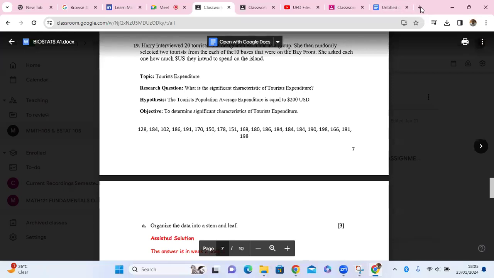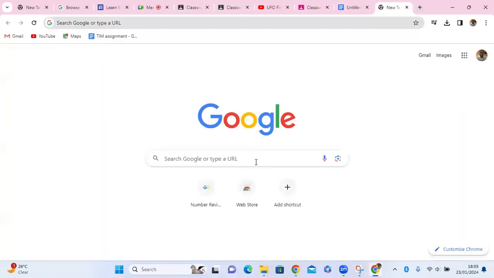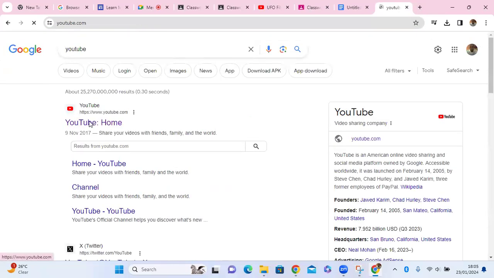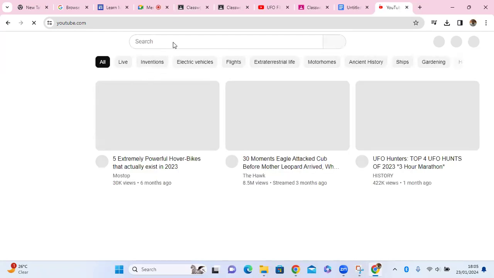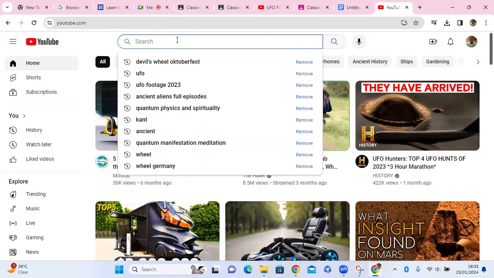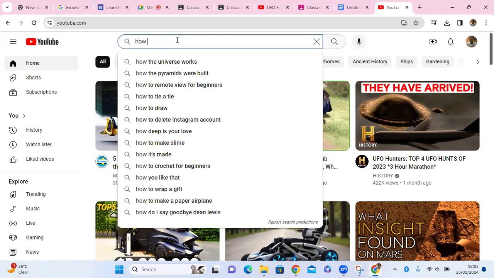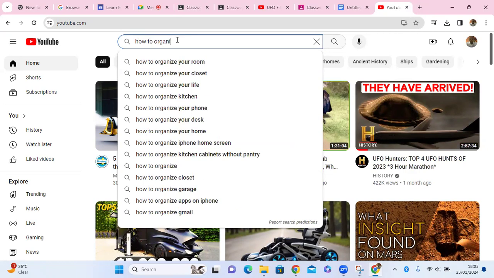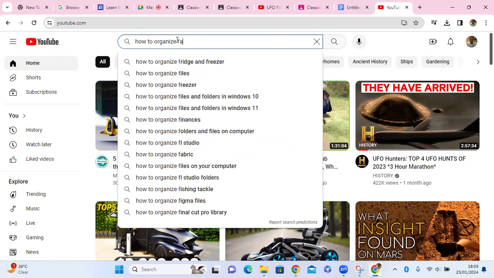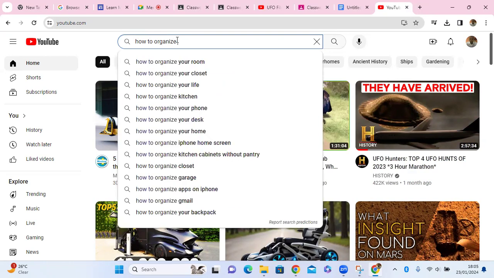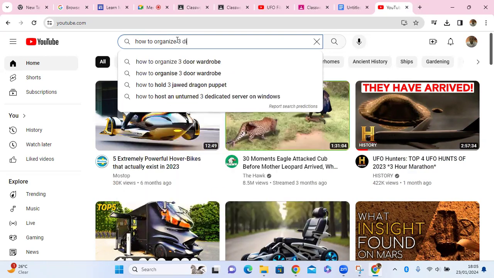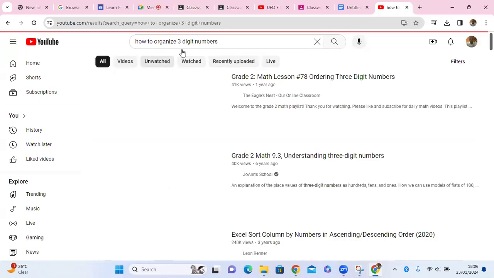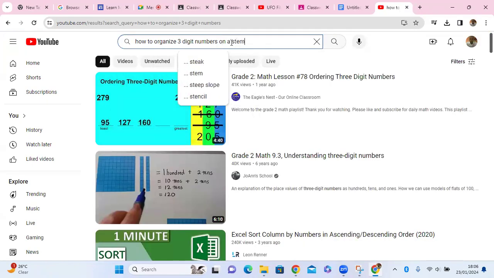Just go to another tab, go to YouTube, and you can just type how to organize 3-digit numbers on a stem and leaf.